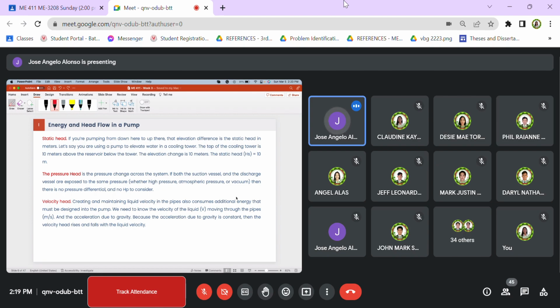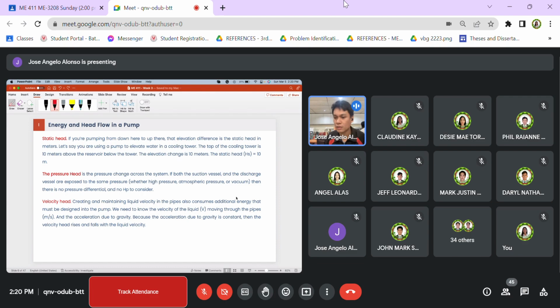So for energy and head flow in a pump, by context, let's just read it first: static head. If you're pumping from down going up, that elevation difference is what we call the static head. There are a few slides here where we define what is called the total static head, or discharge static head and suction static head.